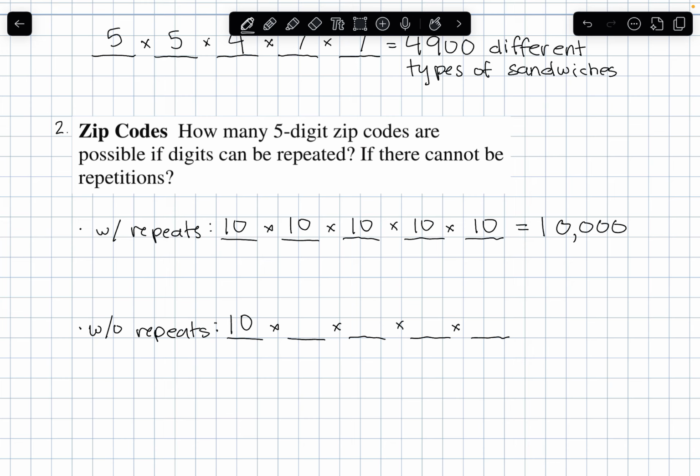So when I choose my next number, there's only 9 numbers left to choose from. On my third choice, I've taken 2 numbers from the pool. I only have 8 to choose from. And so on down the chain. And I can already see without the multiplication, this number is going to be smaller.